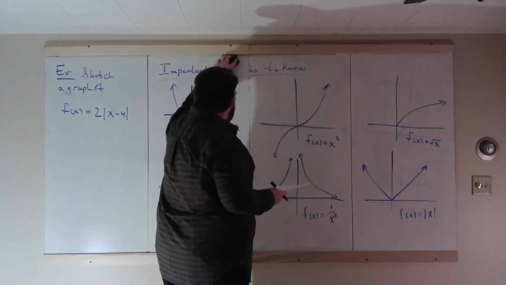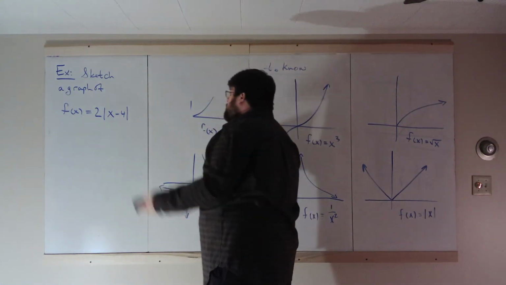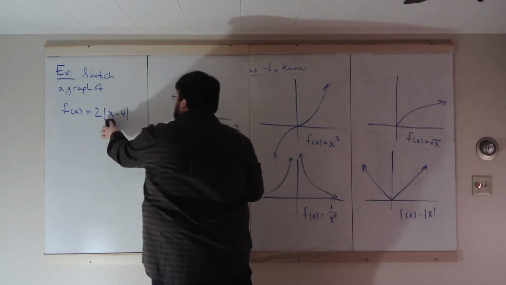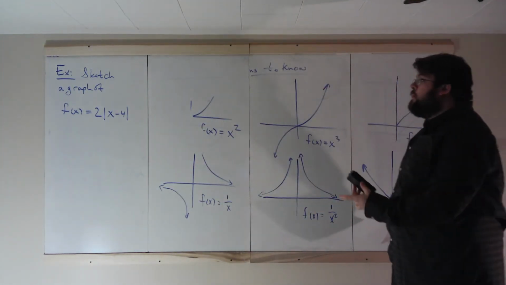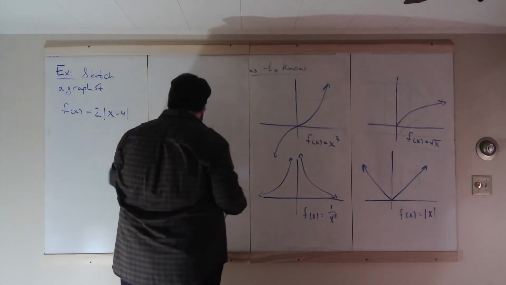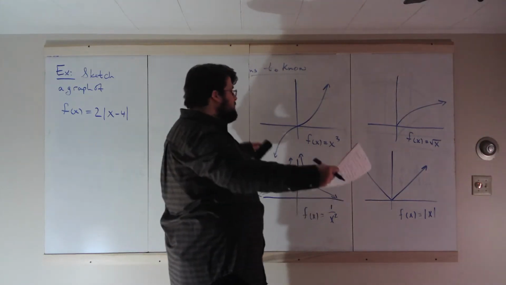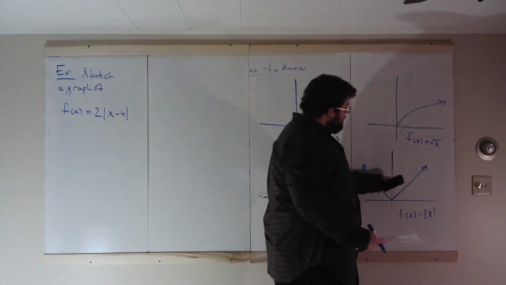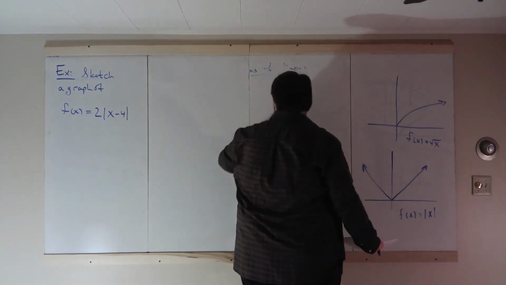And what we're going to do with these, well, the first observation is to figure out which of these 6 this is going to start as. Well, which of these 6 are we going to transform into this function? And this has an absolute value of x as its base function, you could say. So it's going to start by looking like this, and then we're going to transform it using those numbers.